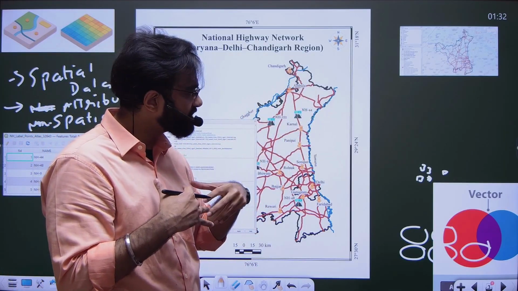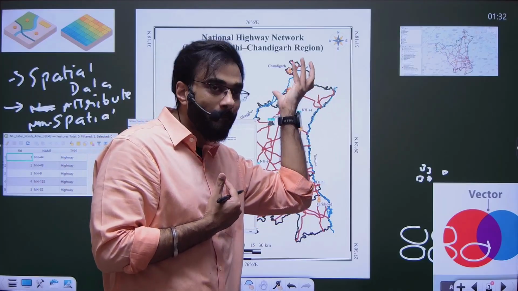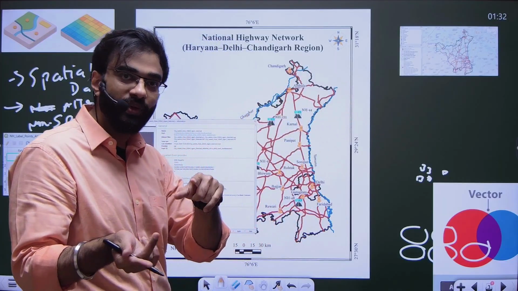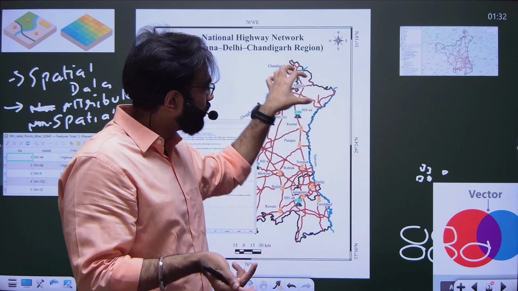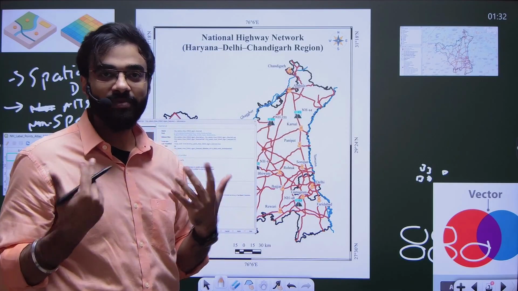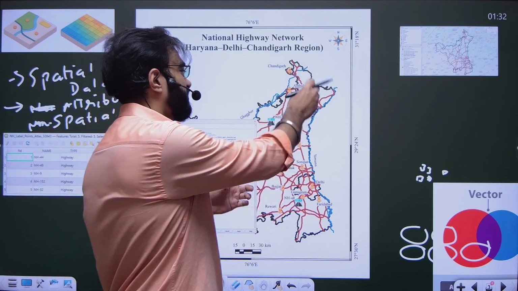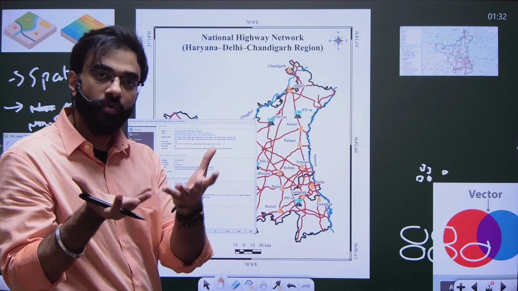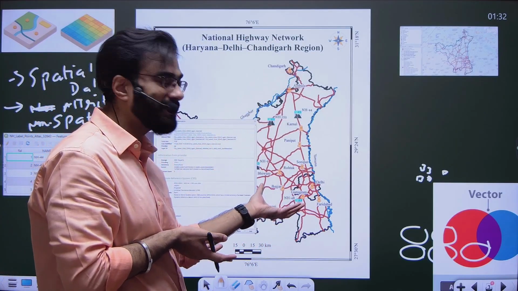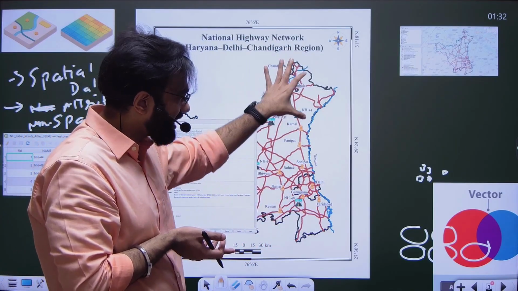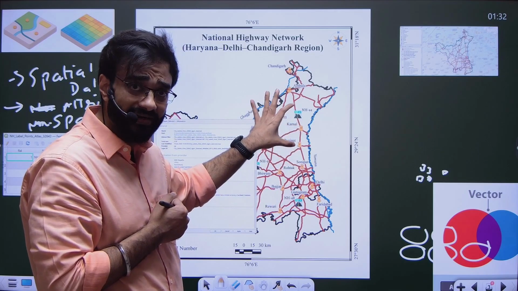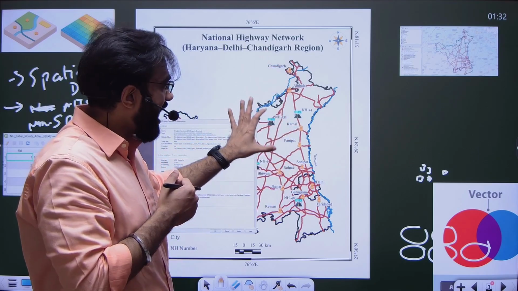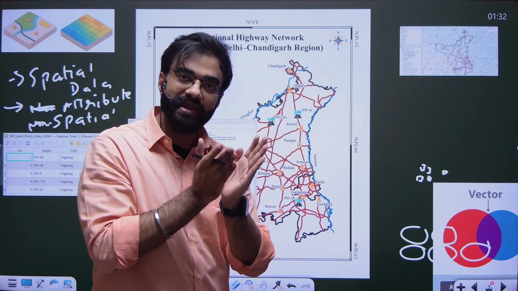I have used the inherent properties associated with the spatial data to label them. I've not labeled them on my own, nor drawn the lines haphazardly. I have taken these locations, polygons, lines and this highway layer from the Survey of India website, and they have some inherent property.